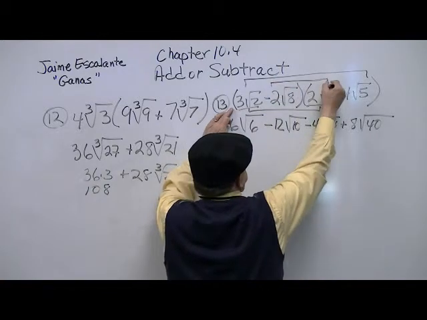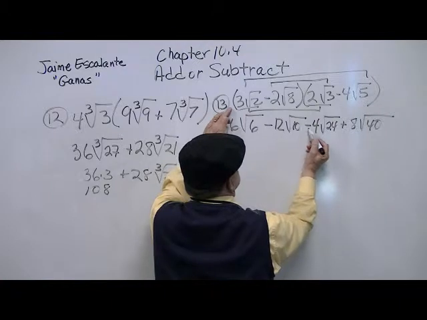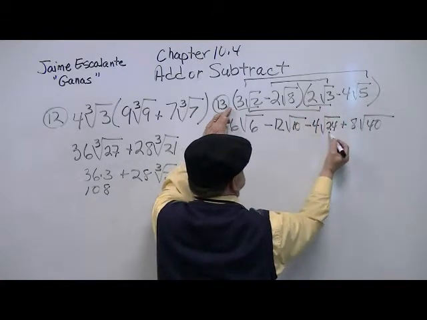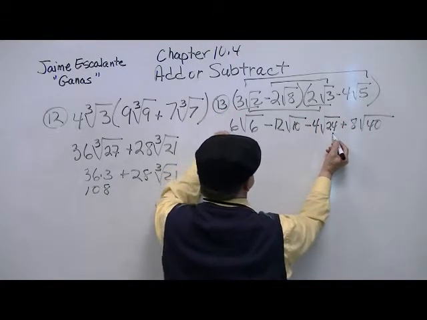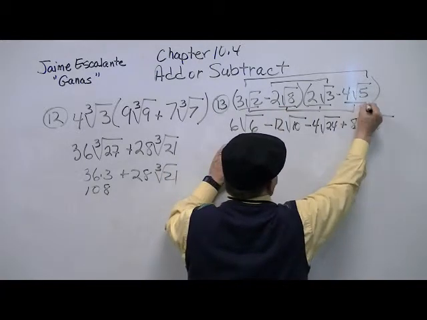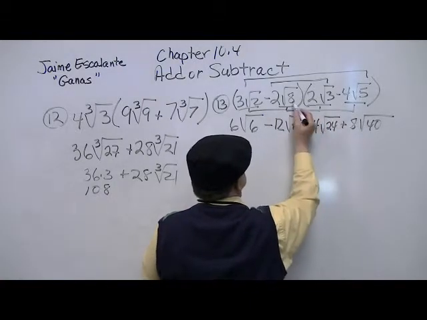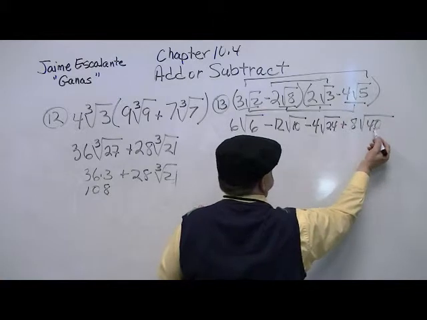Now my inners, negative 2 times 2 is negative 4. 8 times 3 is square root of 24. And then my last, negative 2 times negative 4 is a positive 8. 8 times 5 is 40.